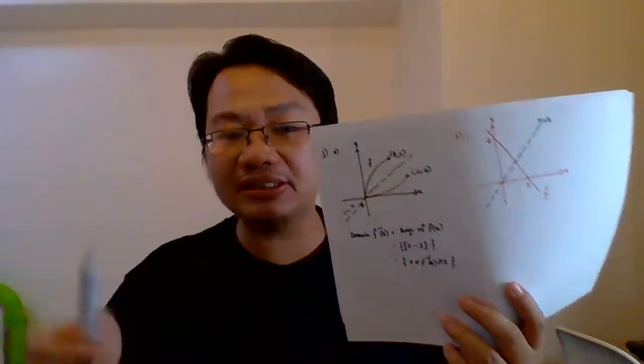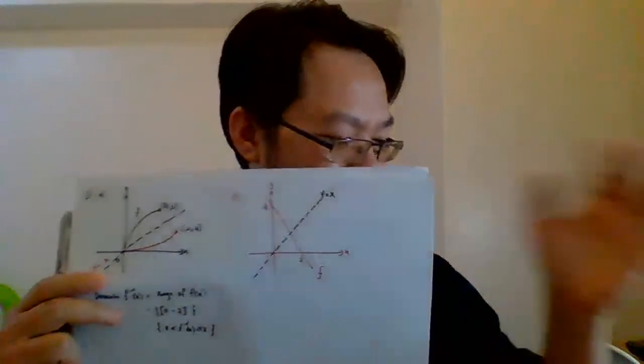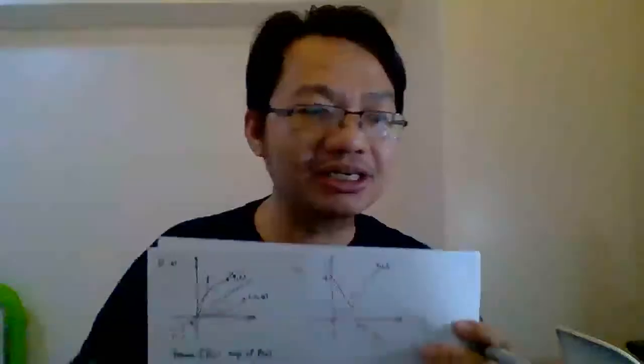Make sure you draw the line y equals x first. That is the guide to determine the graph of f inverse. You must have the y equals x line. If you forgot to write down the y equals x line, that means your answer will be wrong. So be careful. This one is very easy.